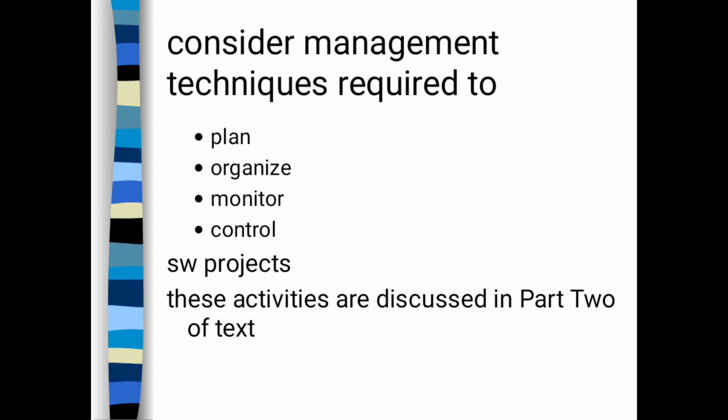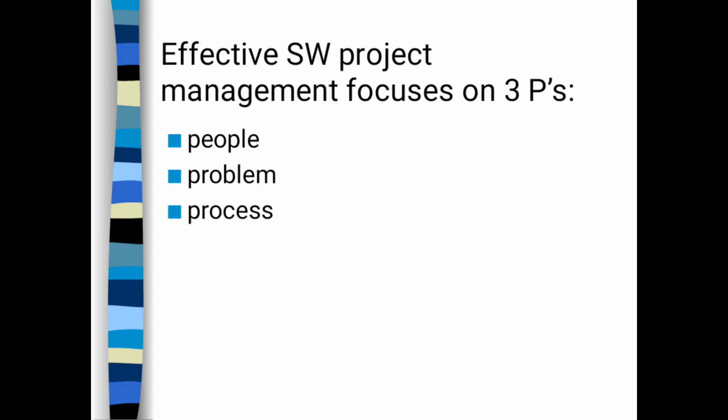We are according to plan, otherwise we have to replan. Effective software project management focuses on 3 P's: people, problem, process. We'll discuss those in detail in the next slides.